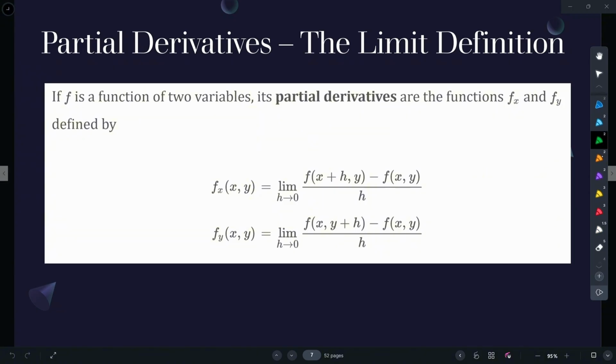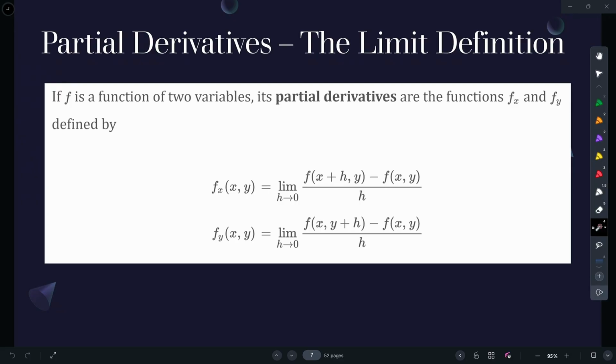We fix the y coordinate and run on the x coordinate, and see what is the rise in the z value in that direction versus the length of the run. And in the other direction, we're fixing the x coordinate, so we're running in the y direction and looking at what is the rise versus the run.